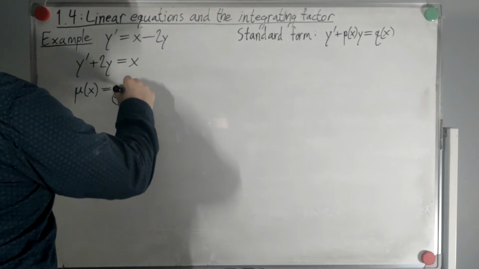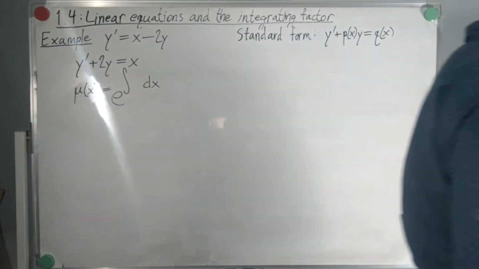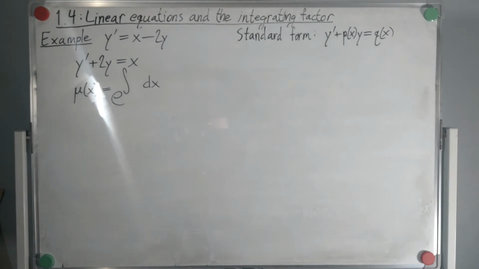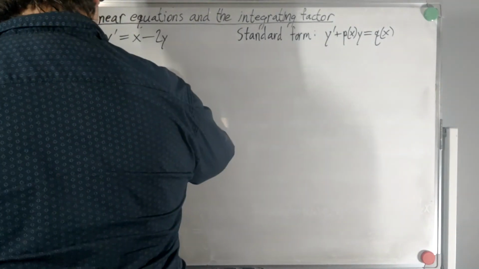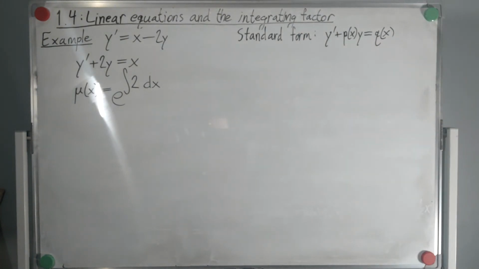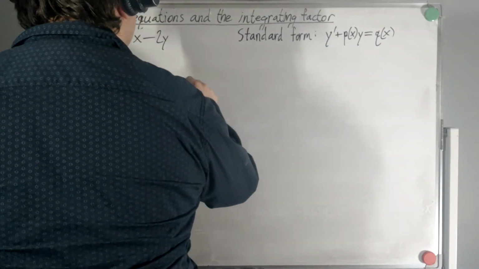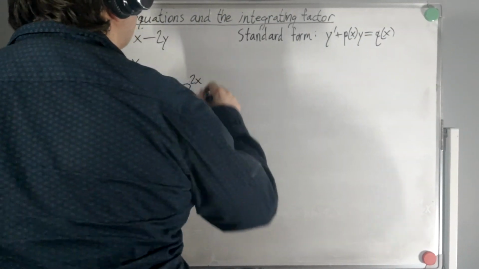equals e raised to an antiderivative of the coefficient of y. In this case, the coefficient of y in the standard form is 2. An antiderivative of 2 would be 2x, so this is e to the 2x.